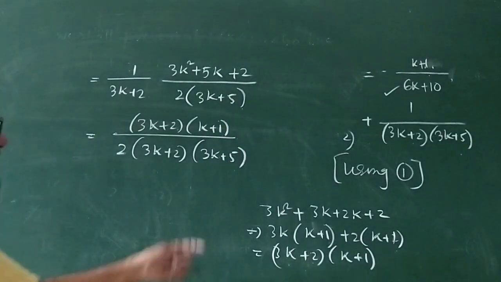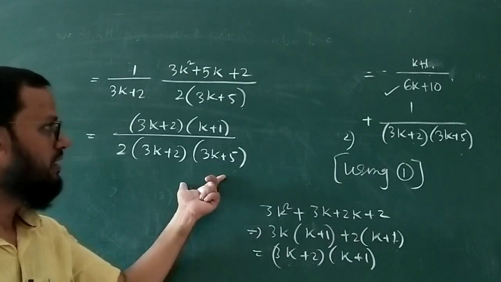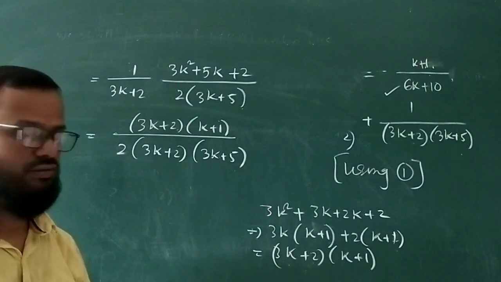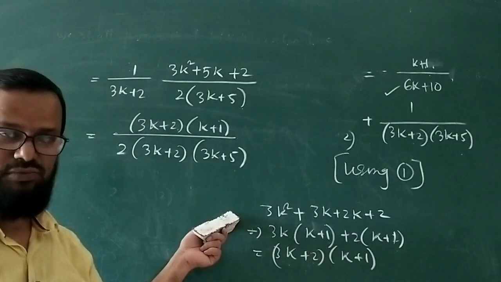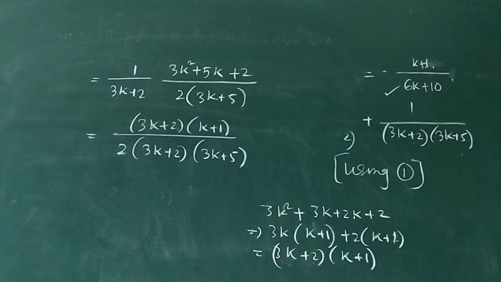So here you see you have to be very involved in solving such type of questions. In every step there is a calculation only. Understood? If you calculate systematically, there will be no issue in solving such questions.